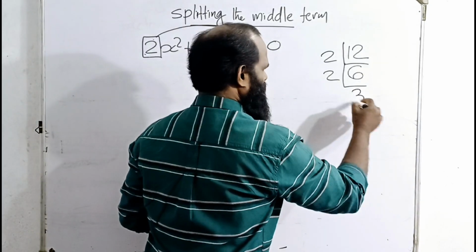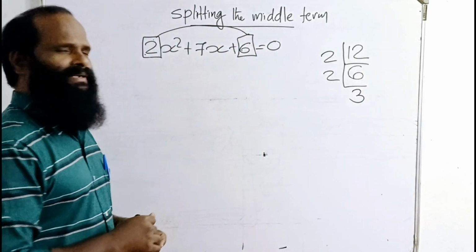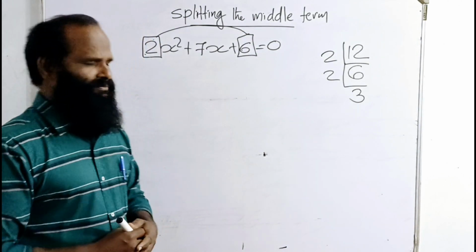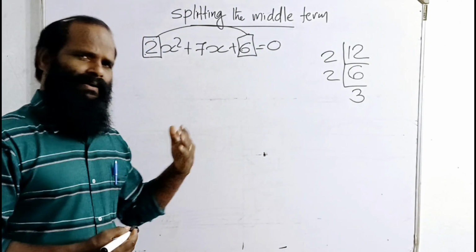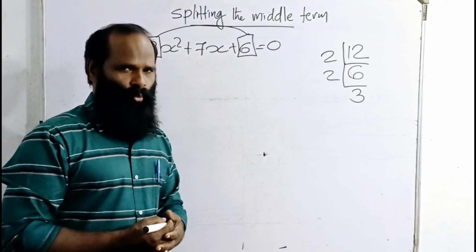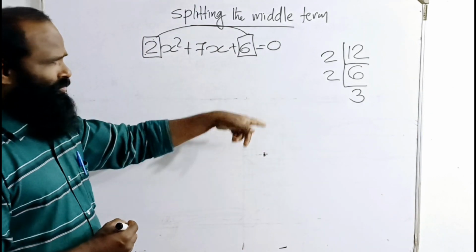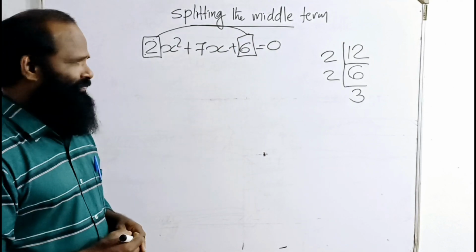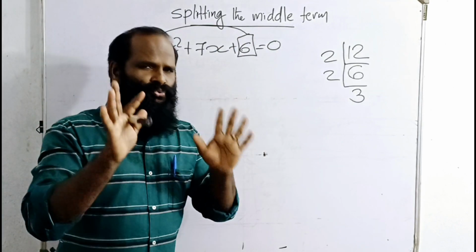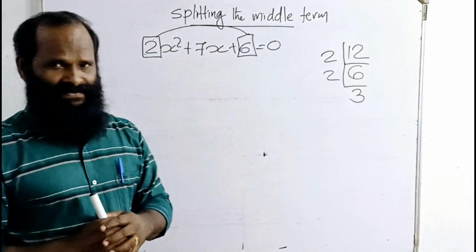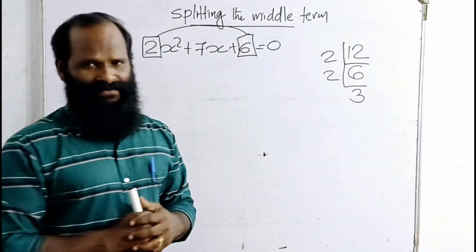There are 3 2's in 6. The next step we can have 1. Let's stop here. The importance of this factorization is that we have to make 2 numbers from these factors.